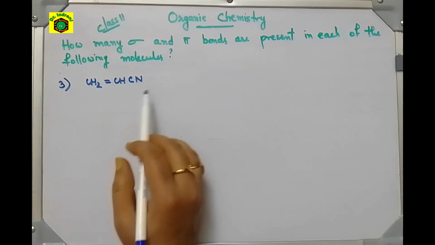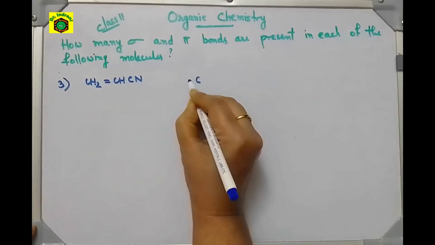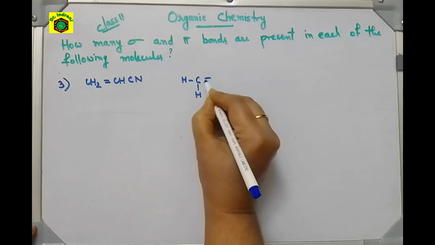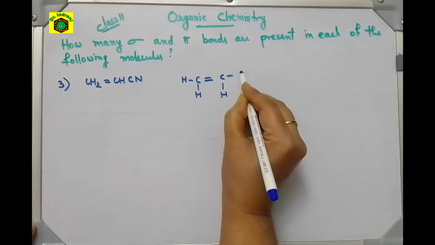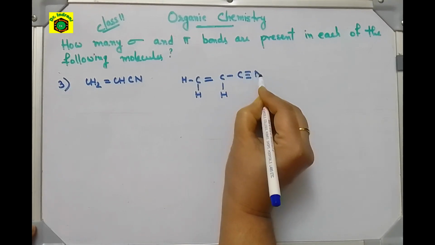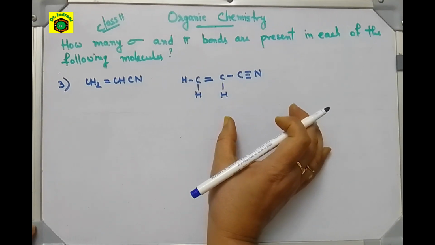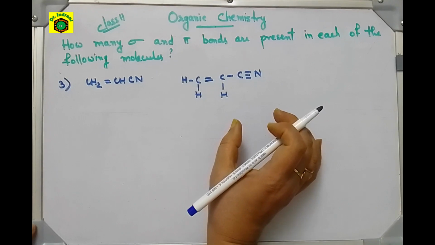Next molecule is this one. I am writing its complete structure. CH2 means this one. Double bond CH, then CN. C triple bond N. Now you have to find out sigma and pi bonds. Done. This is your practice question. You just do it.